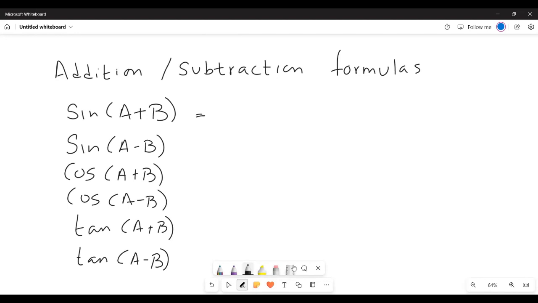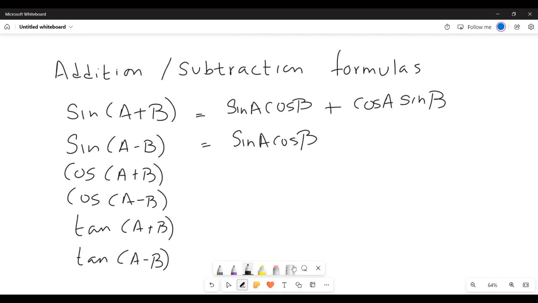So sin a plus b is sin a cos b, sin stays the same, plus cos a sin b. Similarly, sin bracket a minus b would be sin a cos b, the sign in the middle stays the same, negative, cos a sin b.